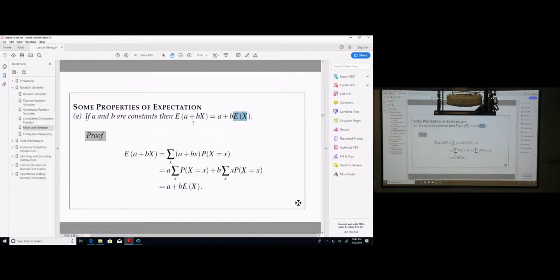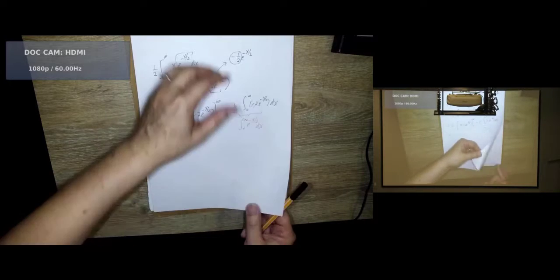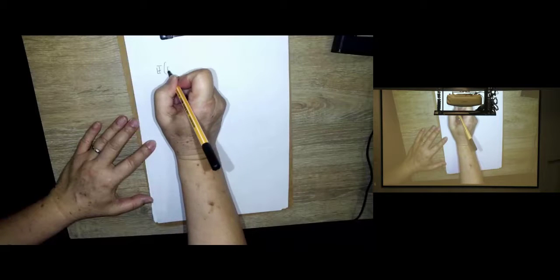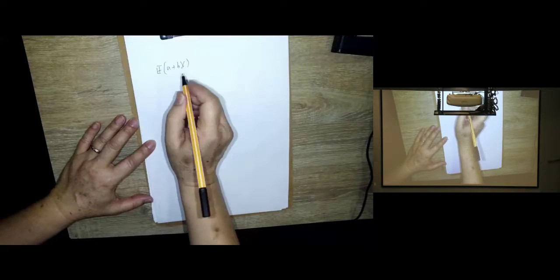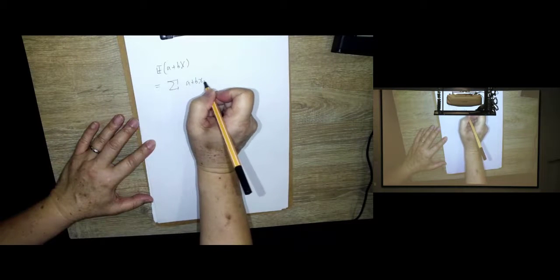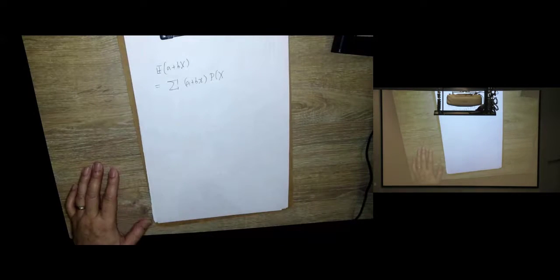All right. Here, I wanted to fill in one little step here from the first equal sign to the second equal sign to make the situation a bit clearer. Okay, so expectation of A plus Bx is by definition the sum of A plus B small x times the probability of X equal to small x.